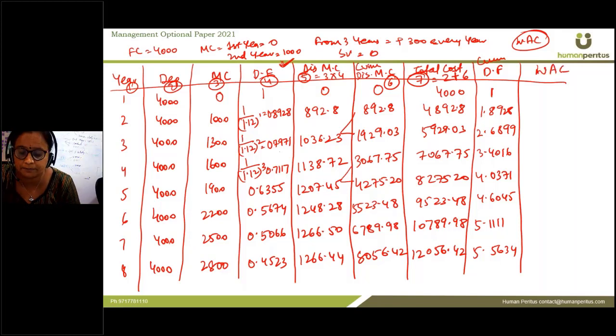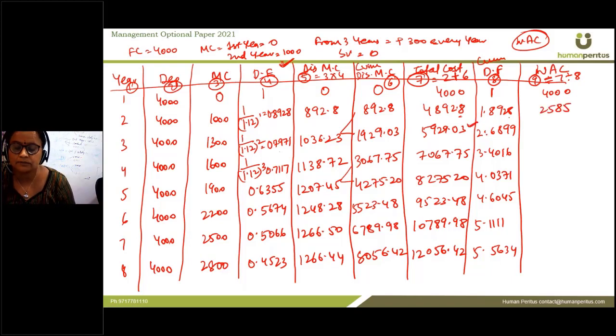So this is simply the 8th column. What would be the value in my 9th column? That is the value in the 7th column divided by the value in the 8th column. So 4000 divided by 1 is 4000 only. When I divide 4892 by 1.8928, I'll get 2585.